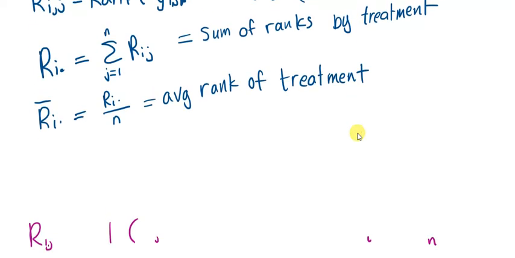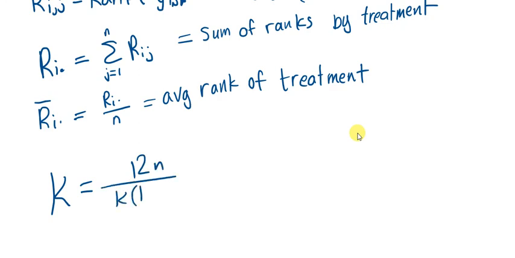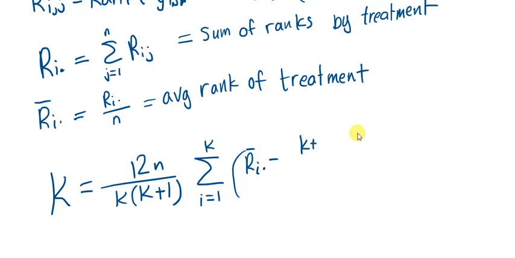Then our test statistic for the Friedman test ends up being Q, which is equal to 12n over k times (k plus 1), times the sum from i equals 1 to k of (R bar sub i dot minus (k plus 1) over 2) squared.